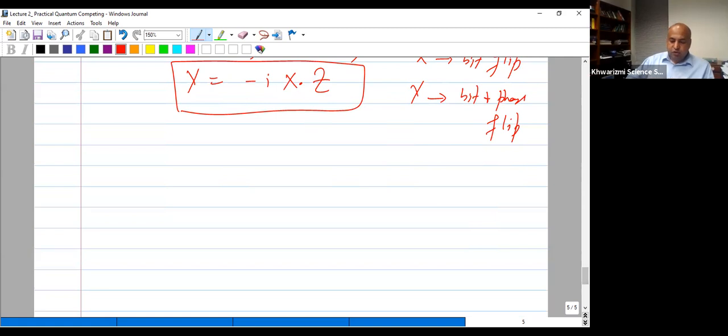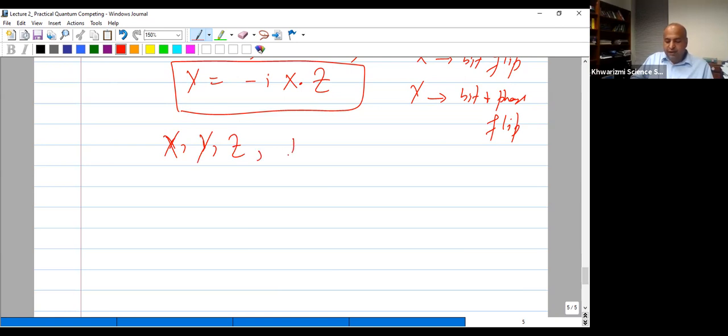All right, so I have more gates to discuss later on, but before I do them, I want to introduce another part of the Dirac notation. And even before I do that, let me just give one statement on why these x, y, and z gates are important from another point of view.